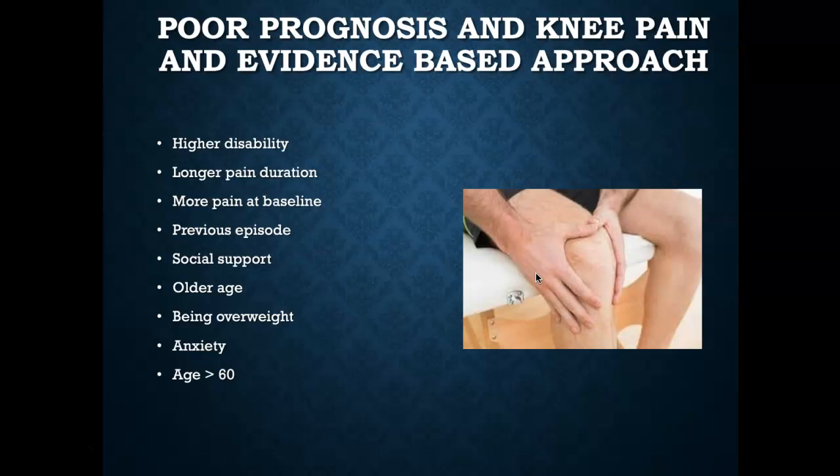More pain at baseline, of course, unless we just have a patient sitting in front of us who has zero pain tolerance. Previous history of a knee injury, surprise, surprise, just like with the ankle injury. What we know about knee pathologies is that if they've had one knee injury, it'll take longer for them to recover from the second knee injury.